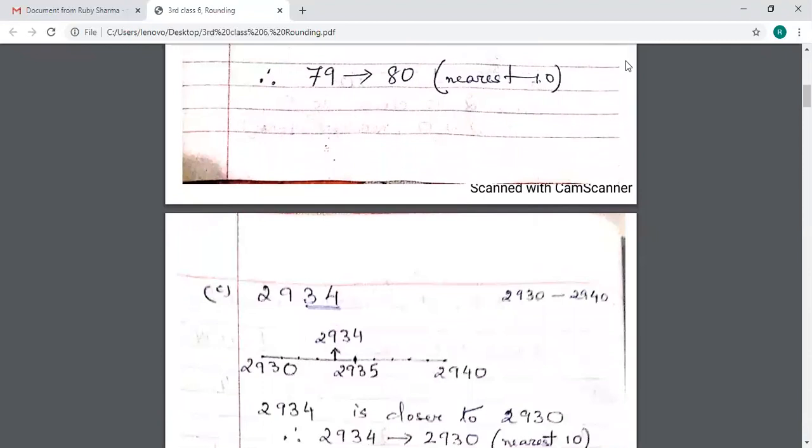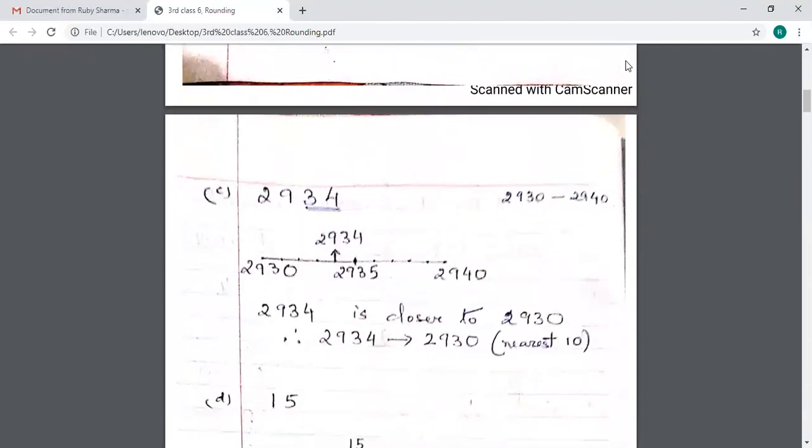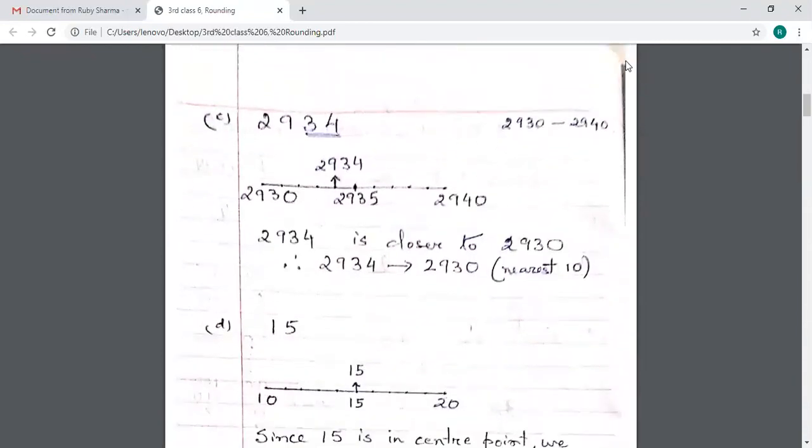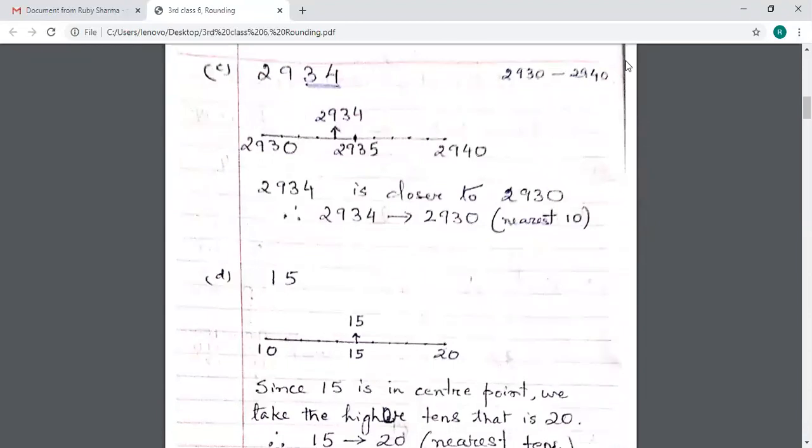Now in case of big numbers like 2934, we just check 34 is in between which two tens place. So 30 and 40. So we take the whole number, 2934 will be in between 2930 and 2940.